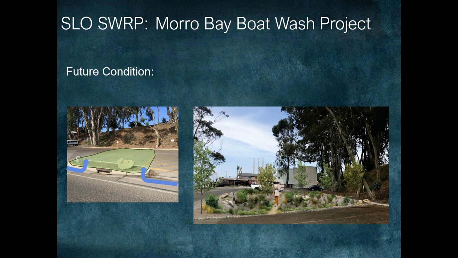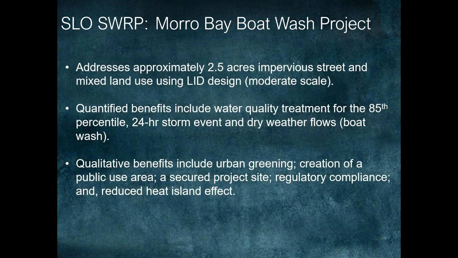This is just a conceptual depiction of a bioretention or biofiltration type design where the stormwater would be captured and filtered. It wouldn't have full infiltration, but it would infiltrate into a pipe and then go treated out through the discharge point. And so that is essentially what the project area might look like. And the next slide, okay.